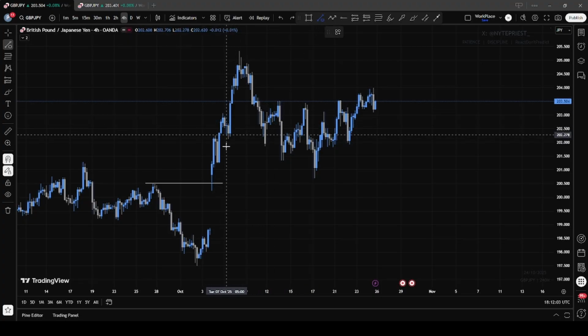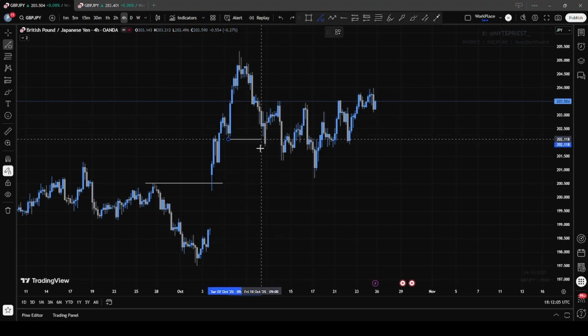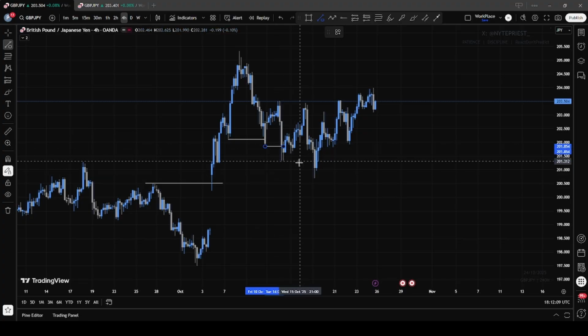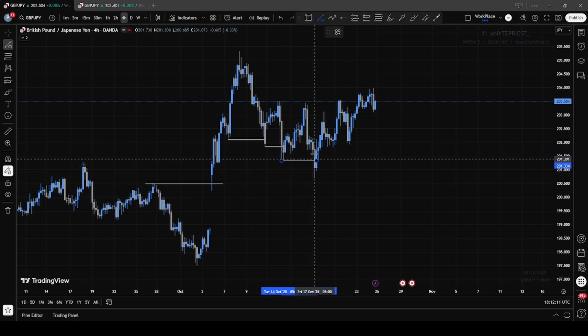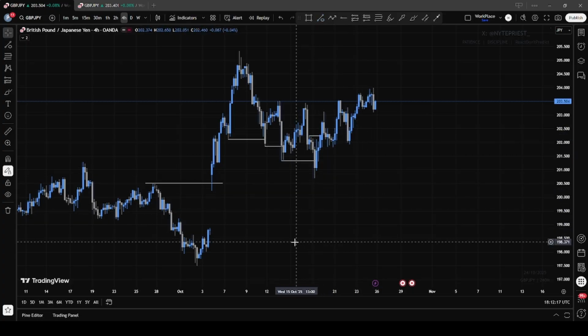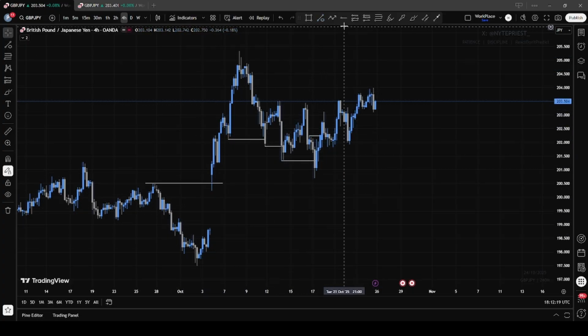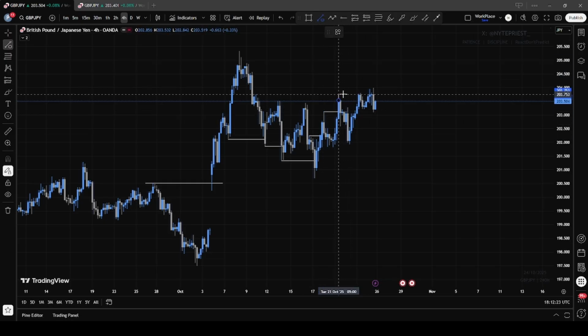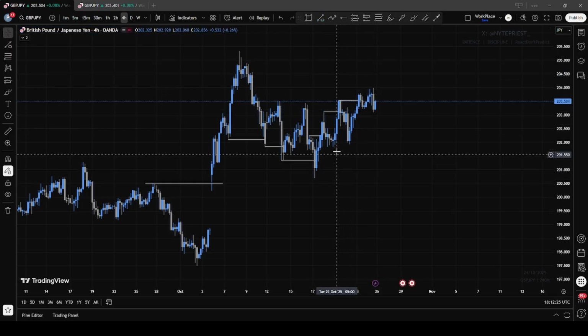All right. So we had this 4-hour shift here, internal, like fractal shift. Okay. And we've had this shift here. Okay, on the 4 hour time frame. So okay.